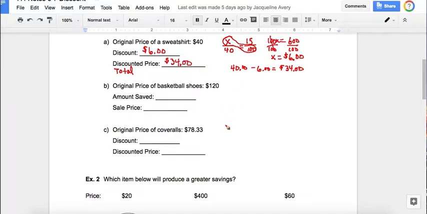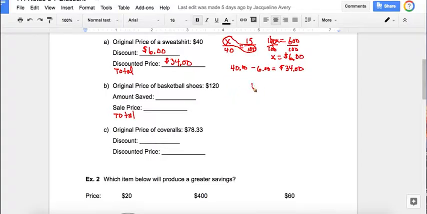Okay, question B. The original price of basketball shoes is $120. The amount saved is another way of asking for the discount. And sale price is another way of asking for the total. Okay, so now let's set this up, and the setup is going to be the exact same way.